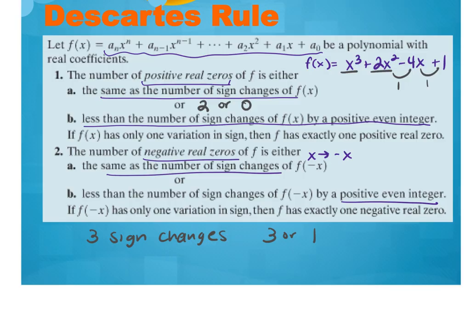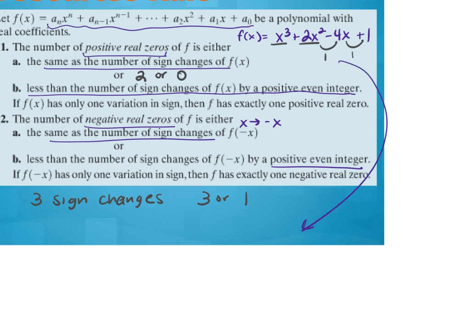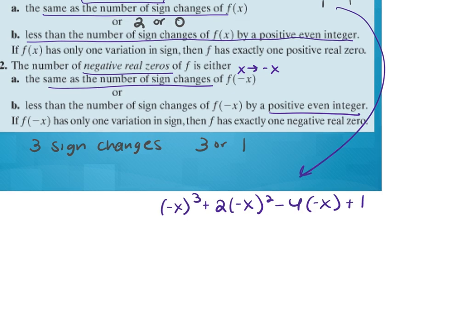So for example, if I take this same polynomial and I plug in negative x, negative x to the third is going to be negative x to the third. Negative x squared becomes positive x squared, so this is positive 2x squared.